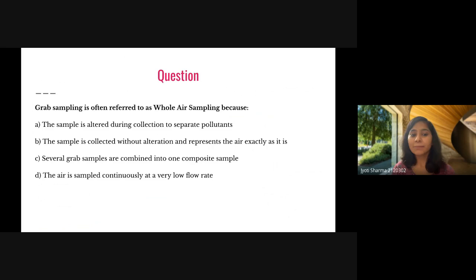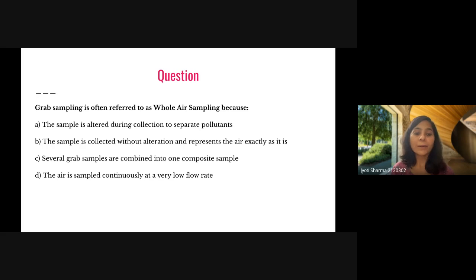Okay, grab sampling is often referred to as whole air sampling because we have four options here. The sample is altered during collection to separate pollutant. The sample is collected without alteration and represents the air exactly as it is. Several grab samples are combined into one composite sample.